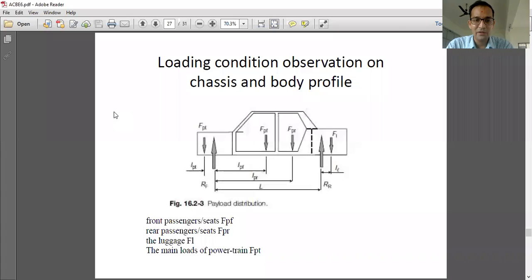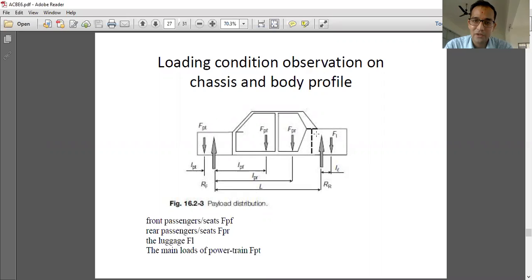Now, whenever we are looking at the loads, we generally distribute that load in a particular manner. Like front passenger load, then rear passenger load, then luggage load, and the main load, which is due to powertrains, engine and all components.